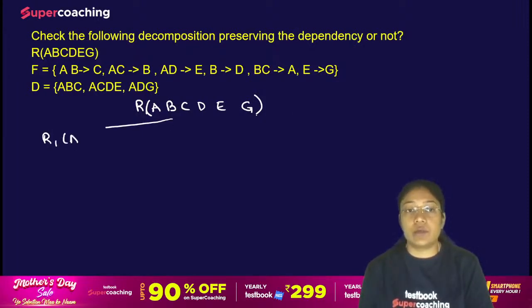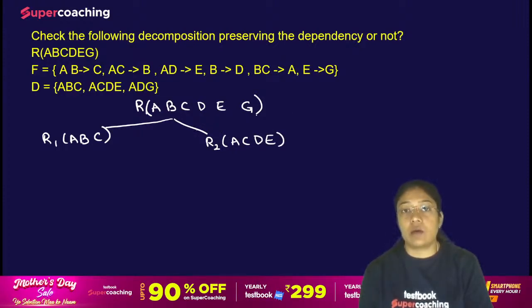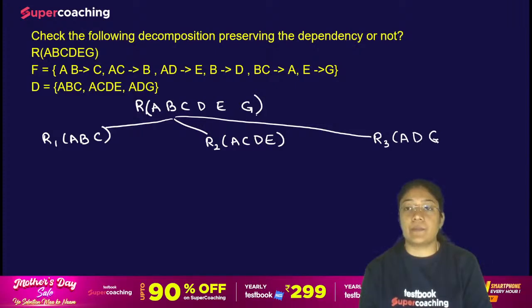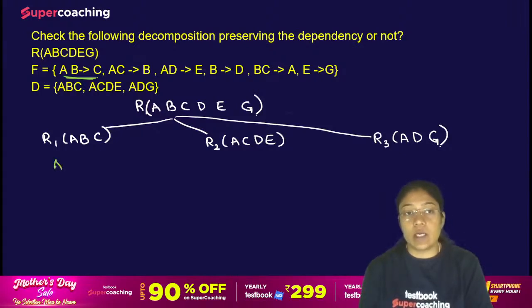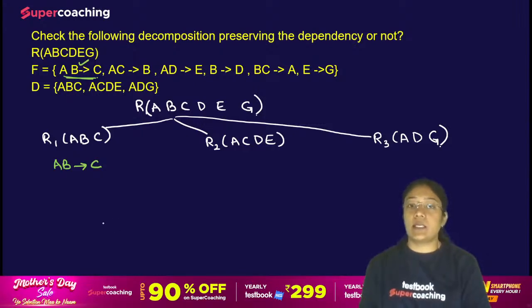R1 having three attributes A, B, C. R2 is having four attributes A, C, D, E. R3 is having three attributes A, D, G. Now check if it is preserving the dependency or not. First one is AB determines C. All the three attributes are present here, so it is directly mapped in R1. First functional dependency is preserved.